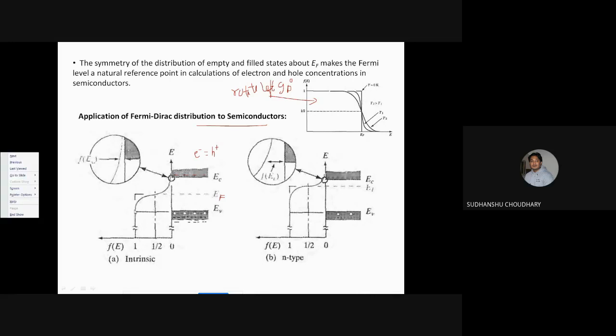You see here again the Fermi distribution function. This tells me that the probability of finding a hole is decreasing as you go down the energy, because 1 minus Fe gives me the probability of finding a hole, and Fe is increasing, so 1 minus Fe will be going down.